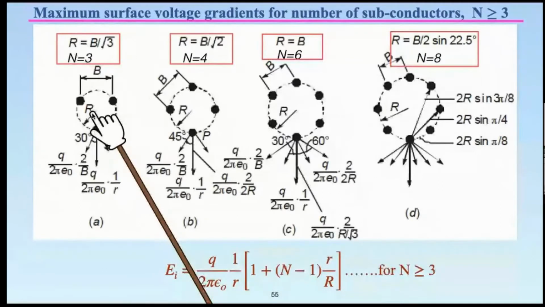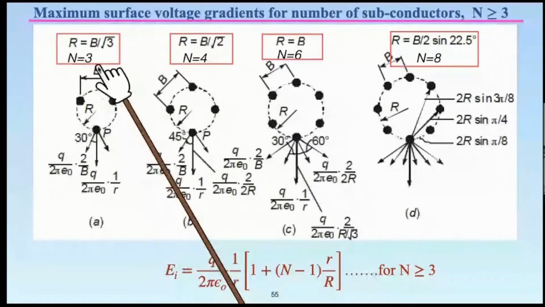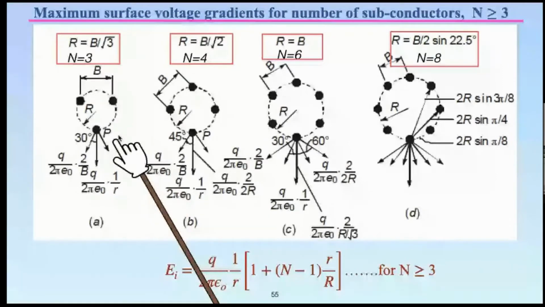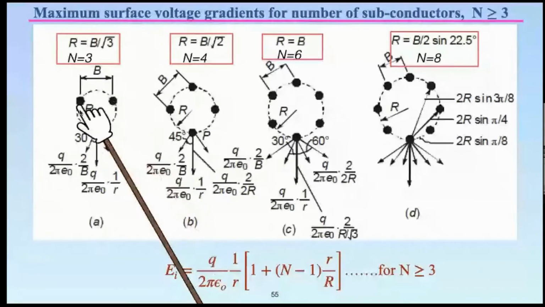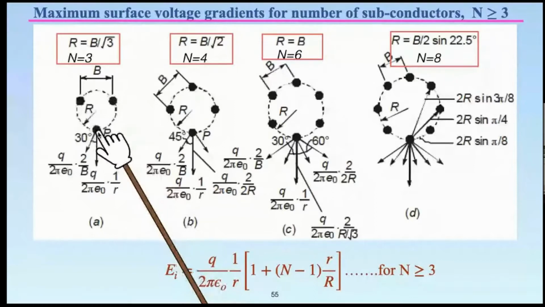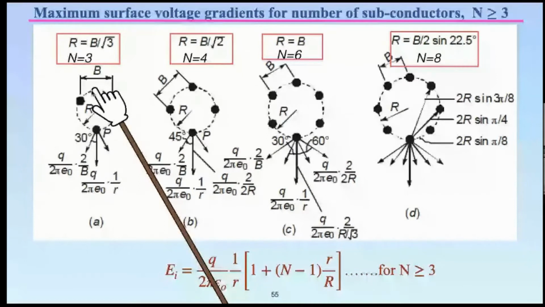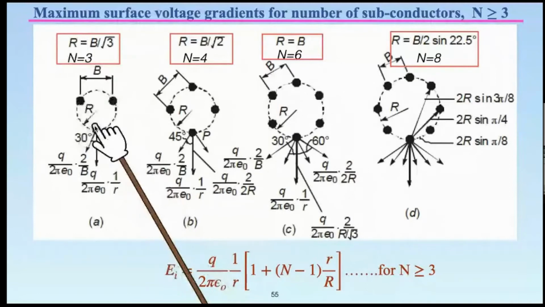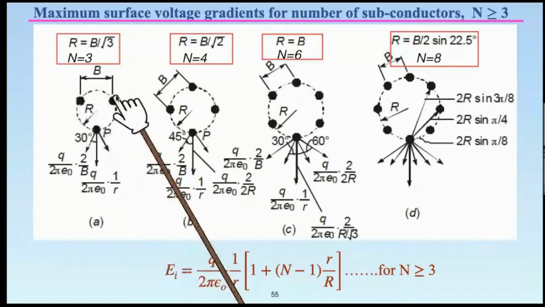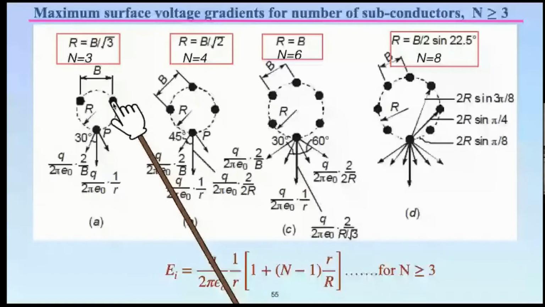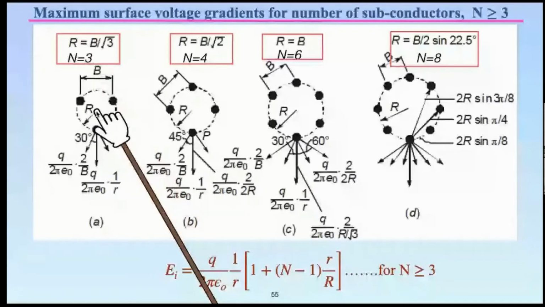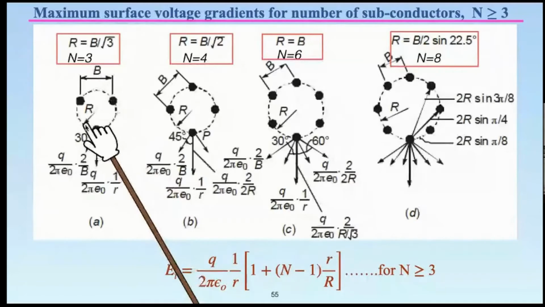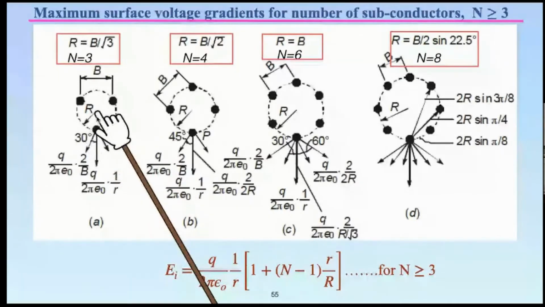So capital R, and then capital B. If there are 3 subconductors which are located in a balanced manner over a circular space, you may consider an imaginary conductor space here, a circle passing through all the subconductors, and they are forming an equilateral triangle. In that case, the relationship between R and B, where R is the distance from the center of the equilateral triangle all the way up to any one of the subconductors, R will be equal to B by root 3.